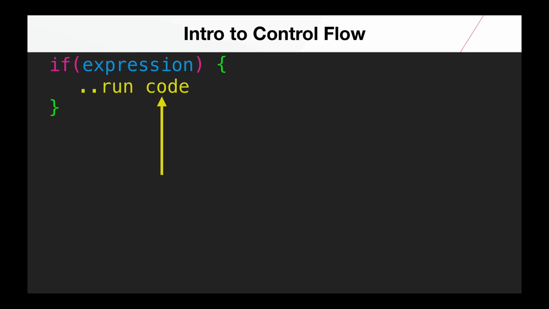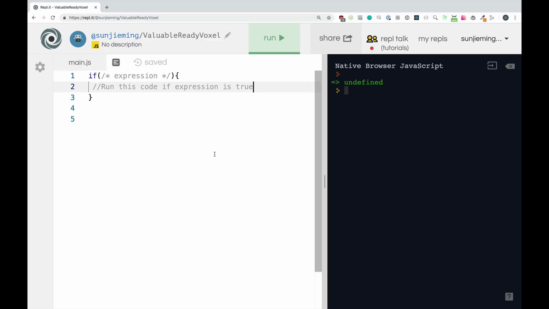So the code is only going to run if that expression is true. If the expression is not true, the code won't run. So here we have an if statement, right? We have our if, we have a parentheses with an expression in it. We haven't written the expression yet. Then we have these curly brackets to say whatever is inside of these, if this expression is true, run this code.